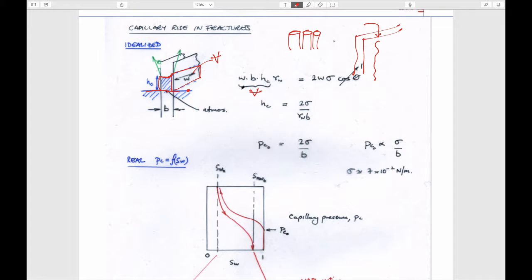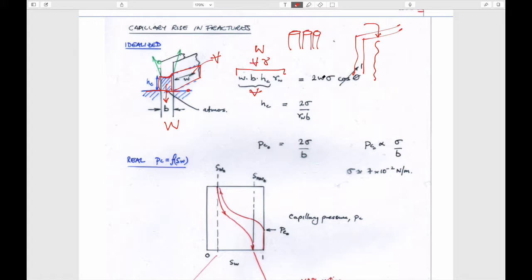What makes the fluid rise? The same as in the capillary tube: it's interfacial tension, an attractive force that makes it crawl up the sides of the plates, just like in a capillary tube. So this is the volume, and this is unit weight. Together, volume times unit weight is equal to the weight pulling down.